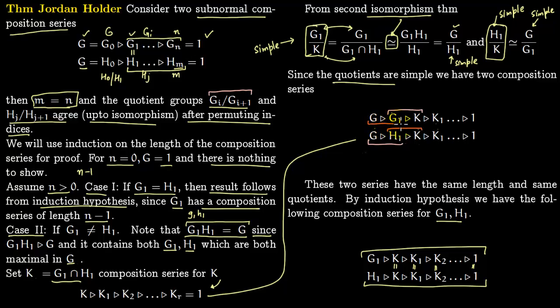Again you have to permute, 0 to 1, or you can say taking 1 to 0. So the successive quotient groups are the same, and for this composition series it's the same. By induction it was easy to show this, simply because we were able to construct such a series and just attach it back, and for G1 H1 we were able to show this.